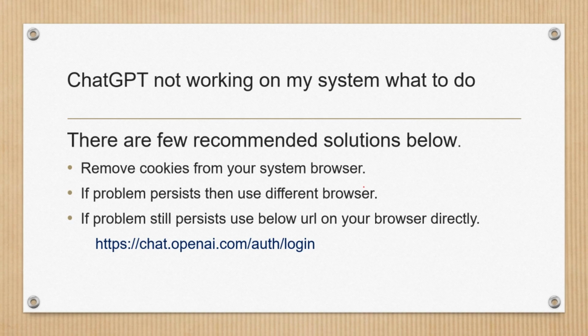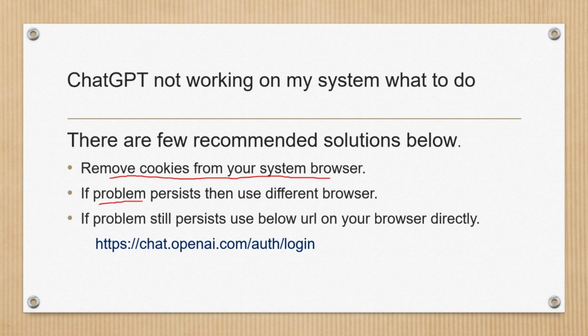So what solution do I recommend? First of all, you have to remove your cookies from your browser. I'll take you through how you can remove those cookies. After removing the cookies, you have to close your browser and open it again, then put ChatGPT on Google, and you can start off with that.